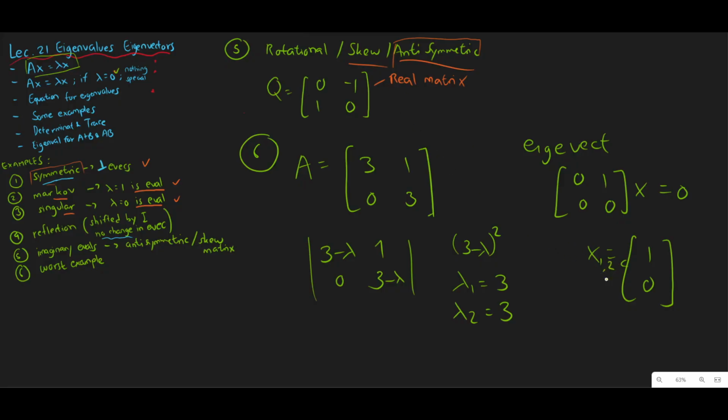So you see here that it's not even a full rank, meaning that we don't have independent eigenvectors. So x1 is x2. And this is the worst problem, because we're lacking that eigenvector.